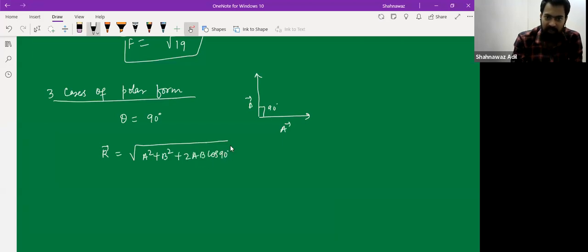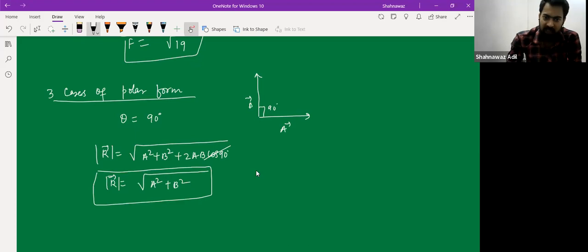And you know cos 90 is 0, so this cancels. So this would be simply root of A square plus B square, right? And what would be the angle then? Angle would be tan alpha is B sine 90 by A plus B cos 90. Again cos 90 cancels, sine 90 is 1, so this would be B by A, right?